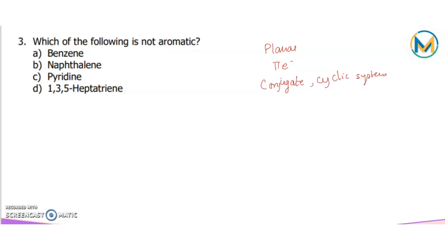And the number of electrons used in delocalization should be 4n plus 2 electrons. So these are all the properties of Huckel's rule.